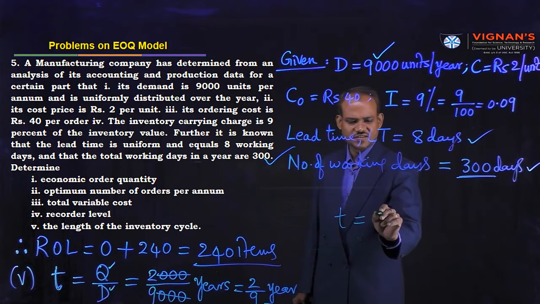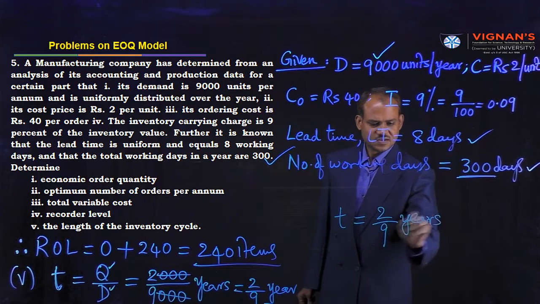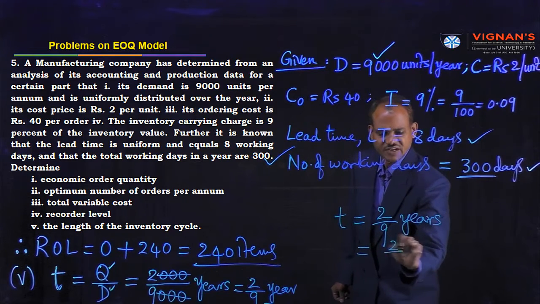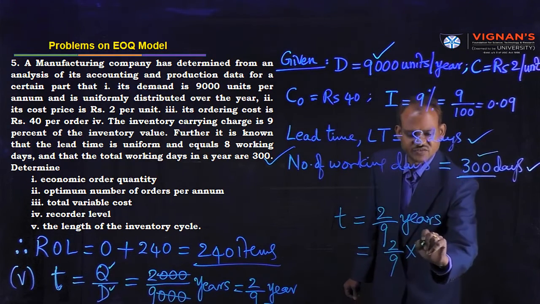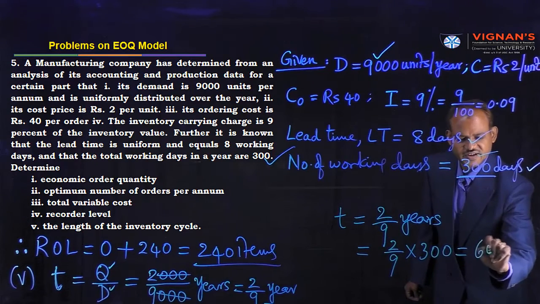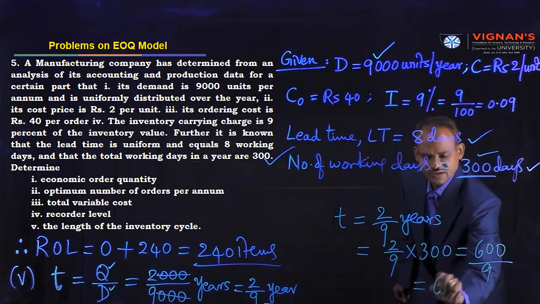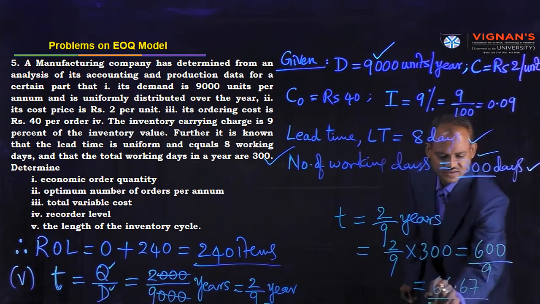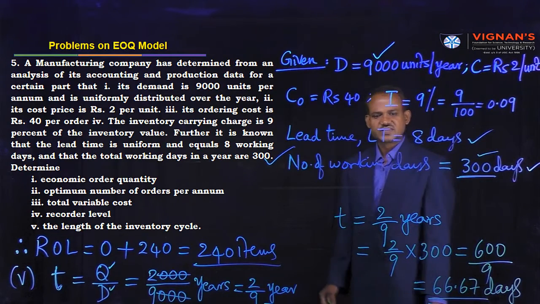Therefore, T is equal to 2 by 9 years. We can express this in days: 2 by 9 into, in a year how many working days? 300 days. 300, it becomes 600 divided by 9, which becomes 66.6666, so approximately 67 days.